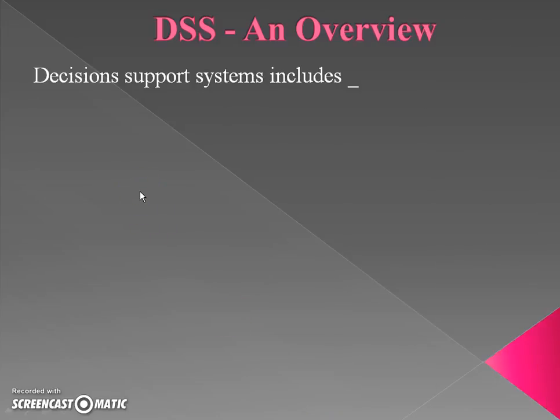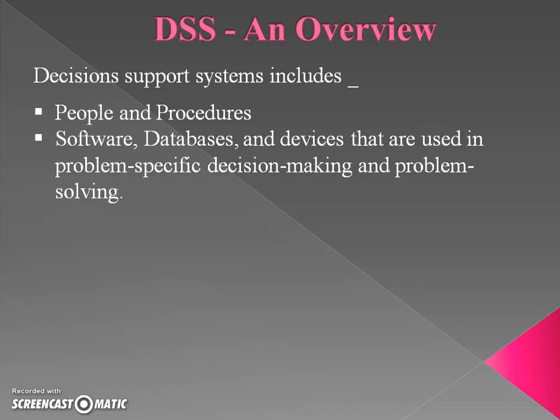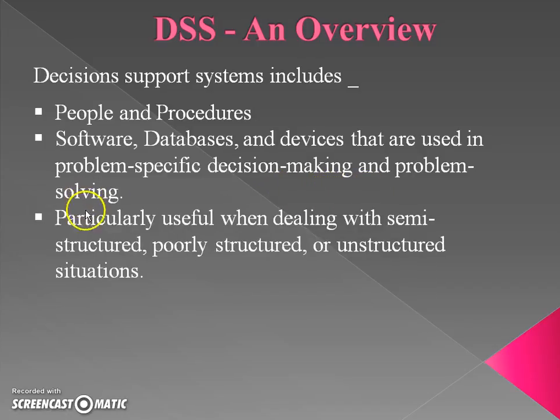An overview of DSS. Decision support systems include the people and the procedures, software, databases and devices that are used in problem solving and decision making, particularly useful when dealing with semi-structured, poorly structured or unstructured situations.